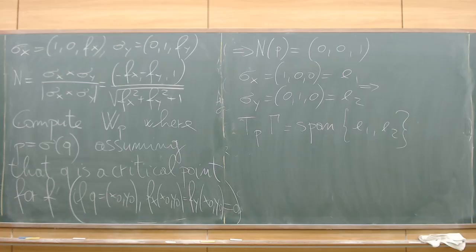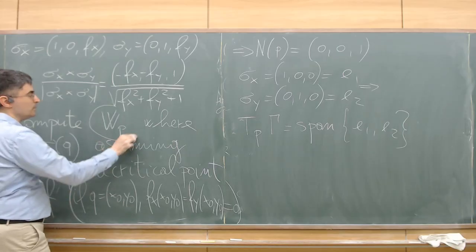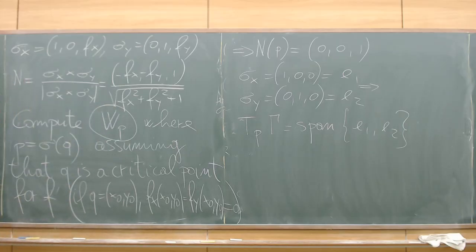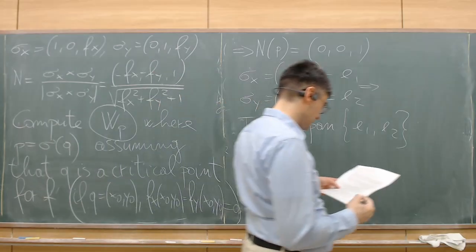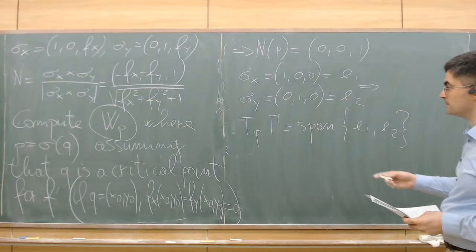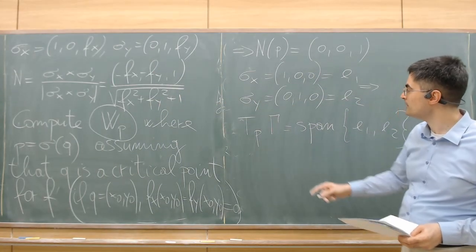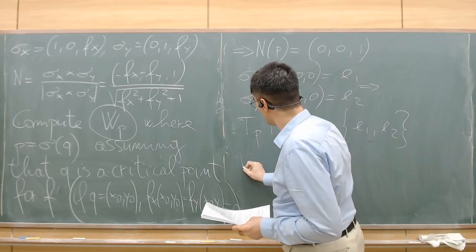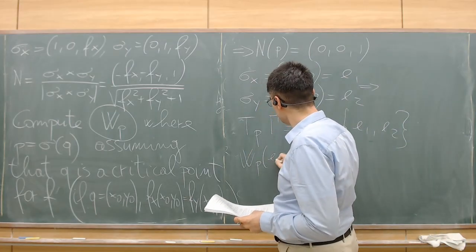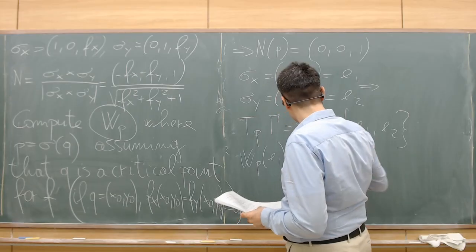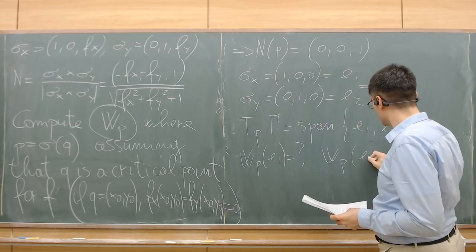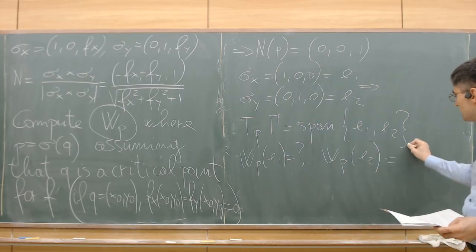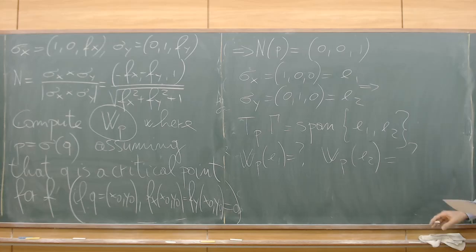Okay, we want to compute WP, so we have to consider a basis of Tp gamma, as on the blackboard. So we need to compute WP E1 and WP E2. We know how to do this.